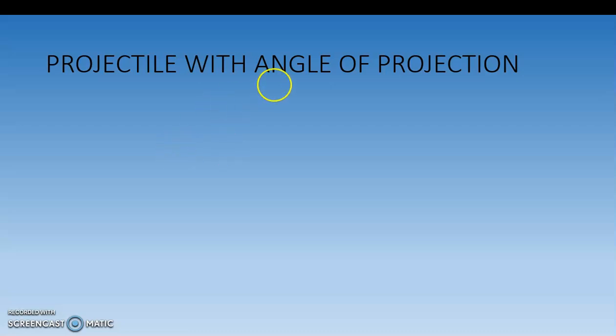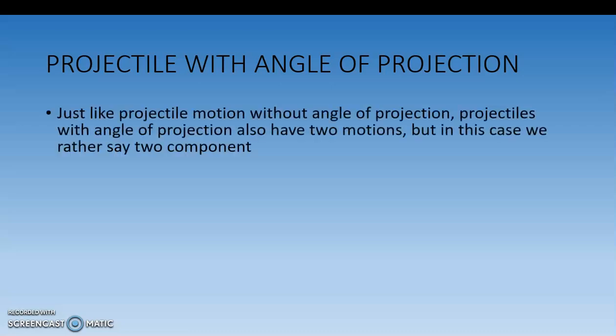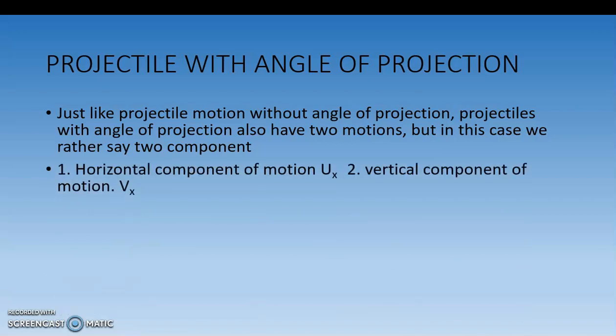Now we shall be looking at projectile motions with angle of projection. Just like projectile motion without angle of projection, projectiles with angle of projection also have two motions. But in this case, we rather say two components. The horizontal component of motion and the vertical component of motion.